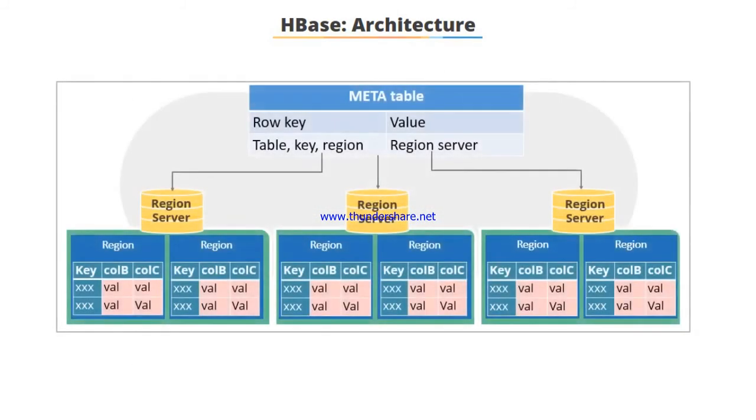Coming to the actual reading and writing tasks in HBase, there is a special HBase catalog table called the meta table. This table stores the location of all regions in the cluster. The meta table has a B-tree structure and comprises the key, which contains the region start key, and the region ID values, which contains the region server.